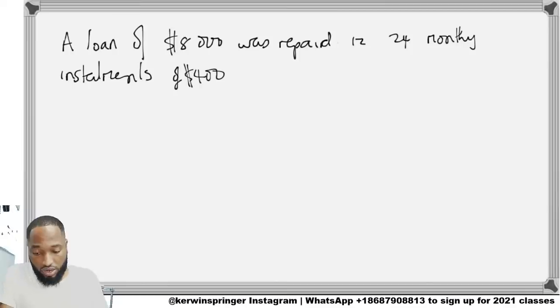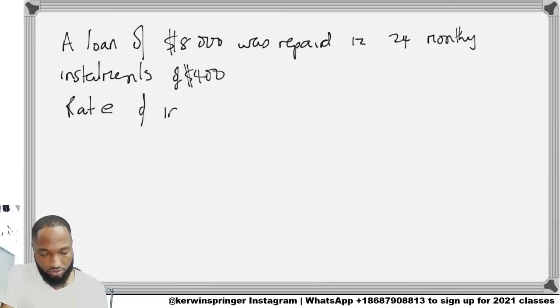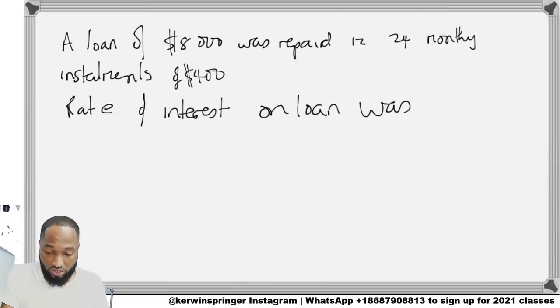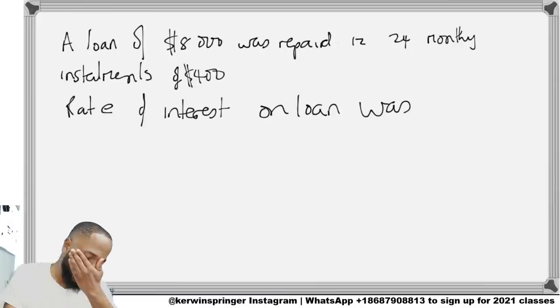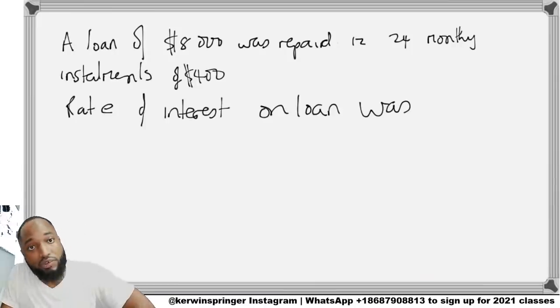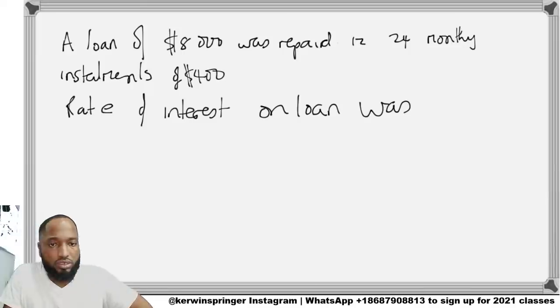So a loan of 8,000, the rate of the interest on the loan. What's the rate of the interest? Alright, so the loan was 8,000, was repaid in 24 equal monthly payments, and the rate of the interest on the loan.